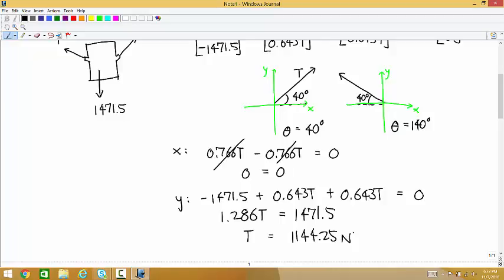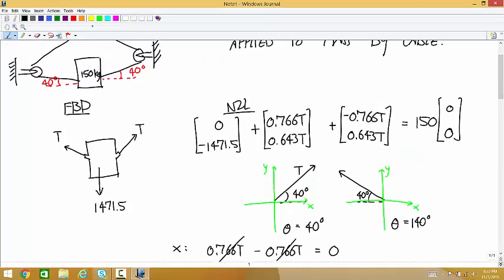But this problem asked for the force vectors applied by those cables, which means we're going to plug the value for t in once to this and once to this.